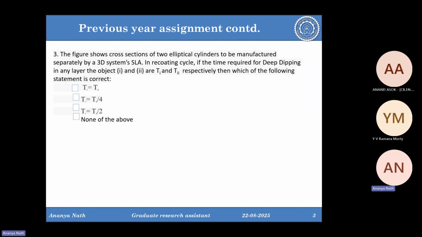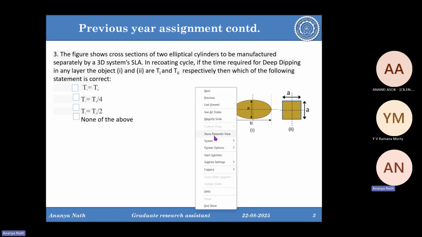Next, the figure shows the cross section of two elliptical cylinders to be manufactured separately by 3D Systems SLA. In the recoating system, if the time required for deep dipping in any layer of the object is this, then the following statement is correct. So let me draw one circle.